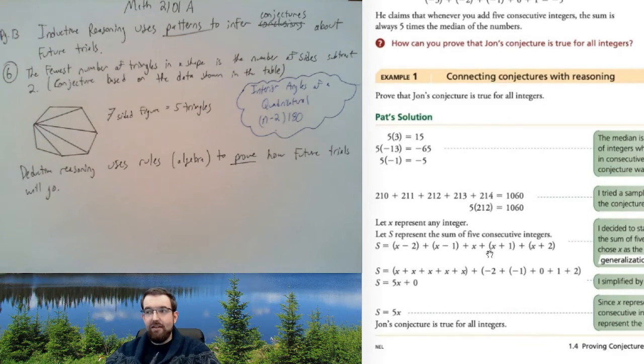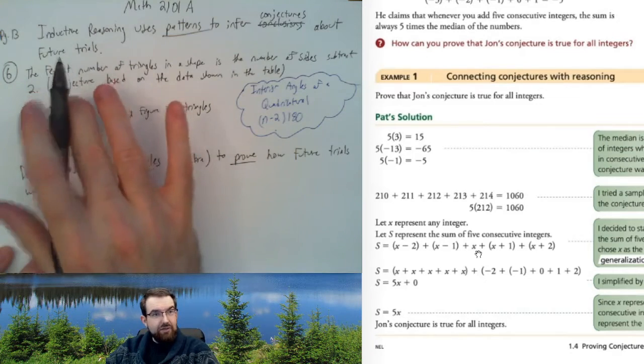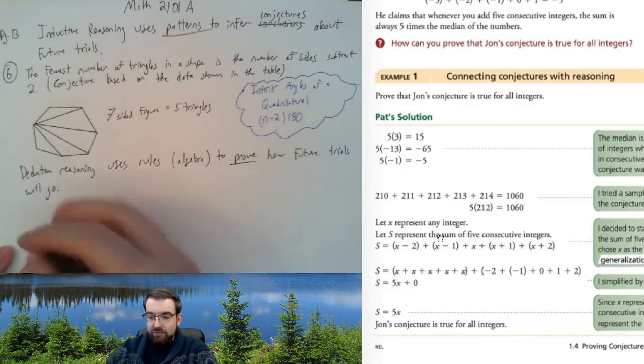We represent the situation in more general terms. Now, figuring out how to represent the situation is the lion's share of the work in a unit like this, and there are no hard and fast rules. Unfortunately, you just have to make sure each time you're doing this that what you're writing out is logically consistent, right? But for example here, x represents any integer, and s is going to be the sum of those.